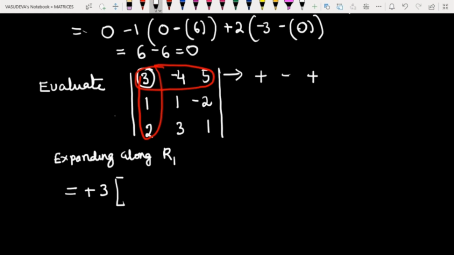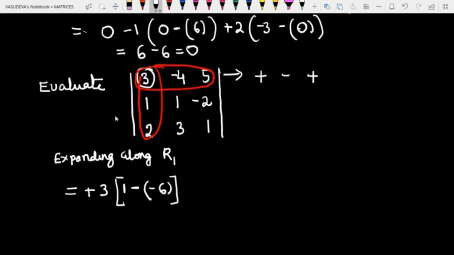Writing the determinant of the remaining elements: 1 into 1 is 1, minus 3 into -2 is -6. So this is the first expression.